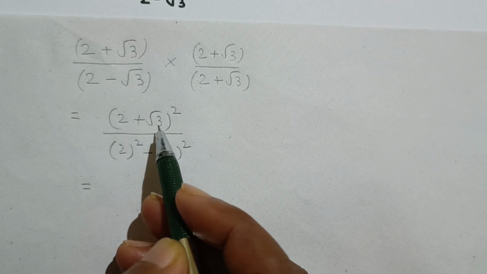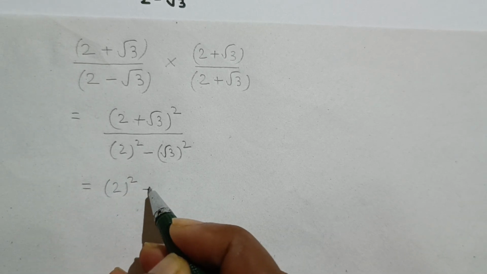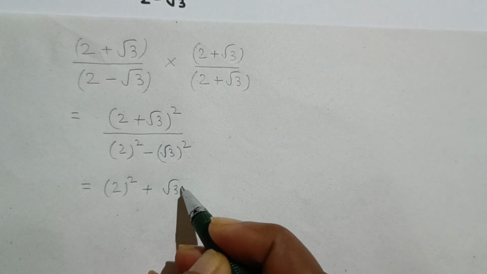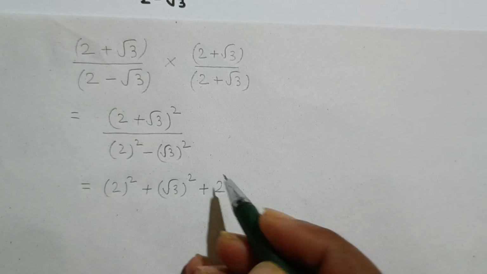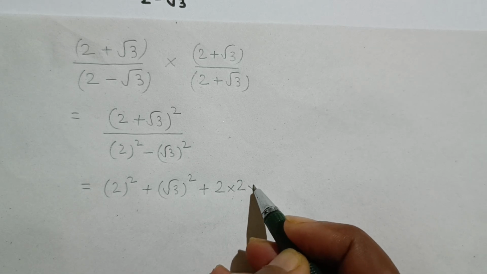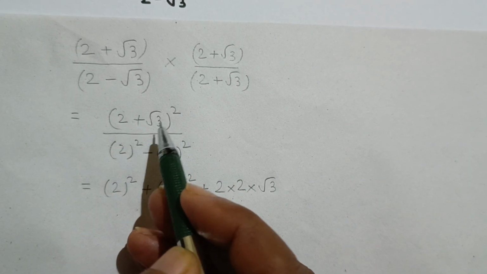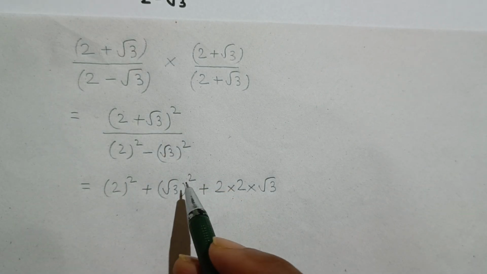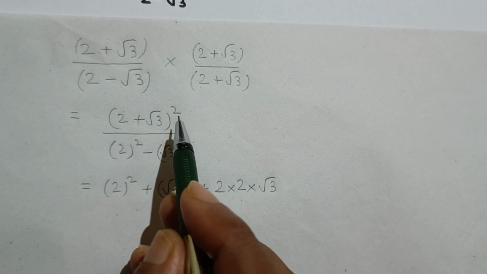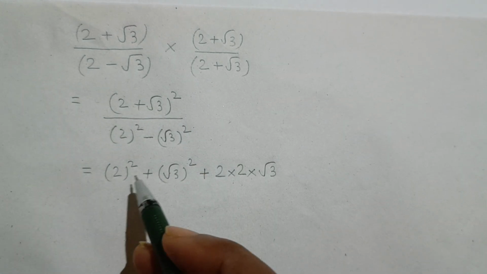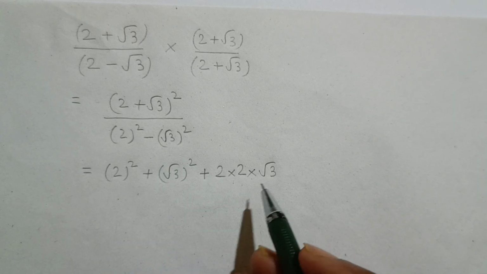So therefore (2 plus square root of 3) whole square will become 2 whole square plus square root of 3 whole square plus 2 multiplied to 2 multiplied to square root of 3. So (2 plus square root of 3) whole square becomes 2 whole square plus square root of 3 whole square plus 2 into 2 into square root of 3. So this is our numerator.